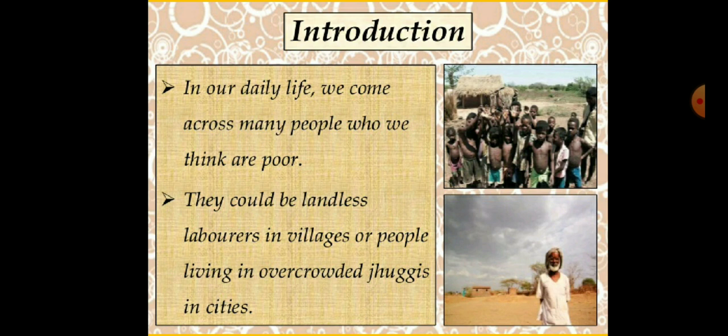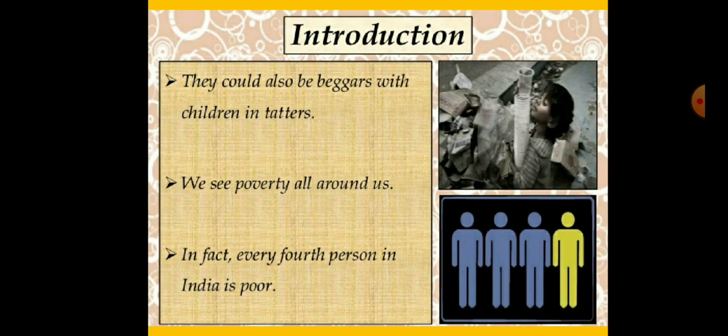That means that many people are poor in our society. And then they could be beggars with children in tatters. We see poverty all around us. In fact, every fourth person in India is poor.